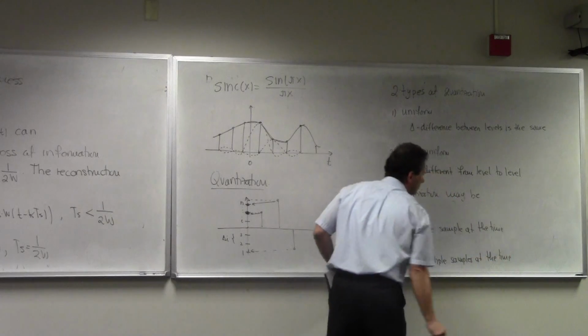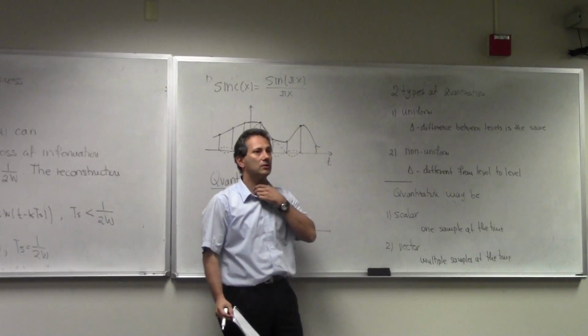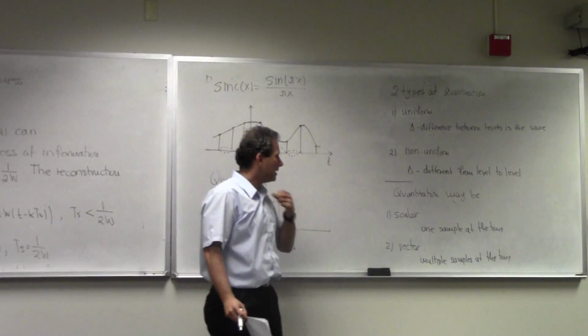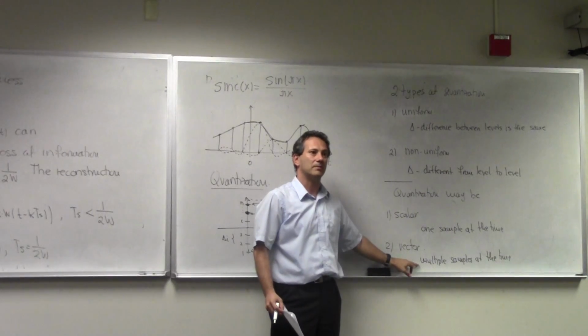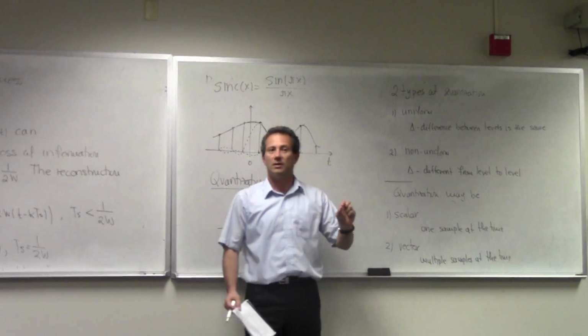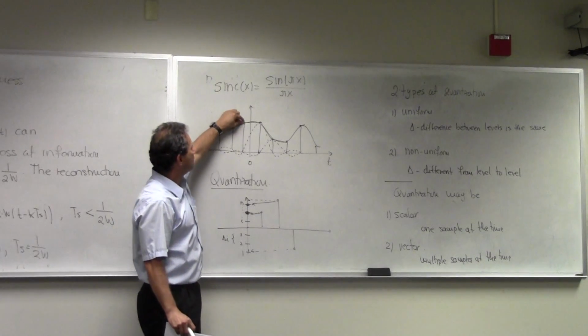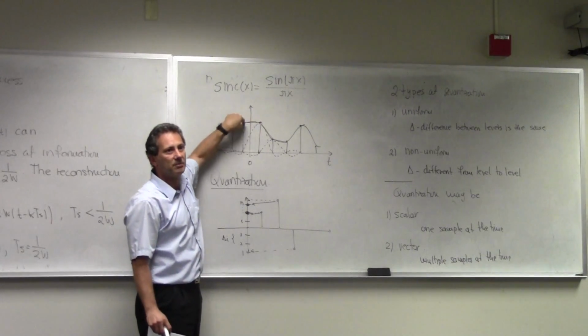The easiest way to do the quantization is one sample at a time. I give you a sample, you round it off to the next allowable level, and you move on. There are benefits to be achieved when you do multiple samples at a time. Why? We all understand this. If you look at the samples of the signal, if I know this one, I know something about the next one and the previous one.